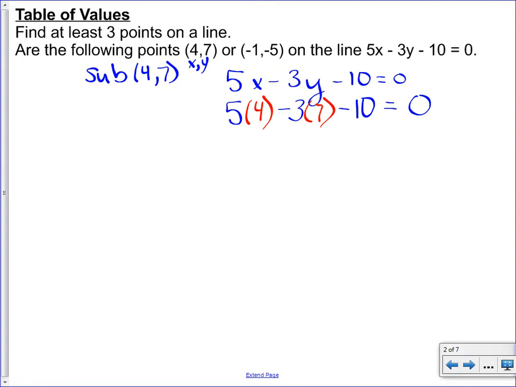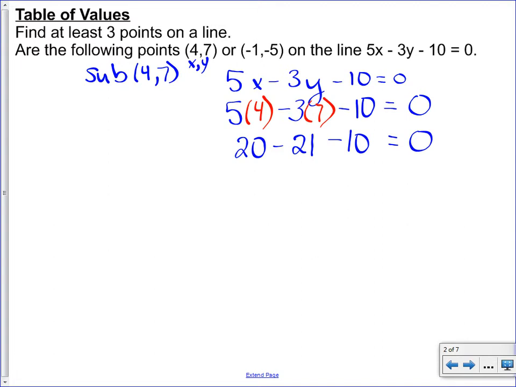So Rachel, when I simplify this, what do I get? Okay, and Jeff, when I simplify that even further, what do I get? So what do I get when I do 20 minus 21 minus 10?